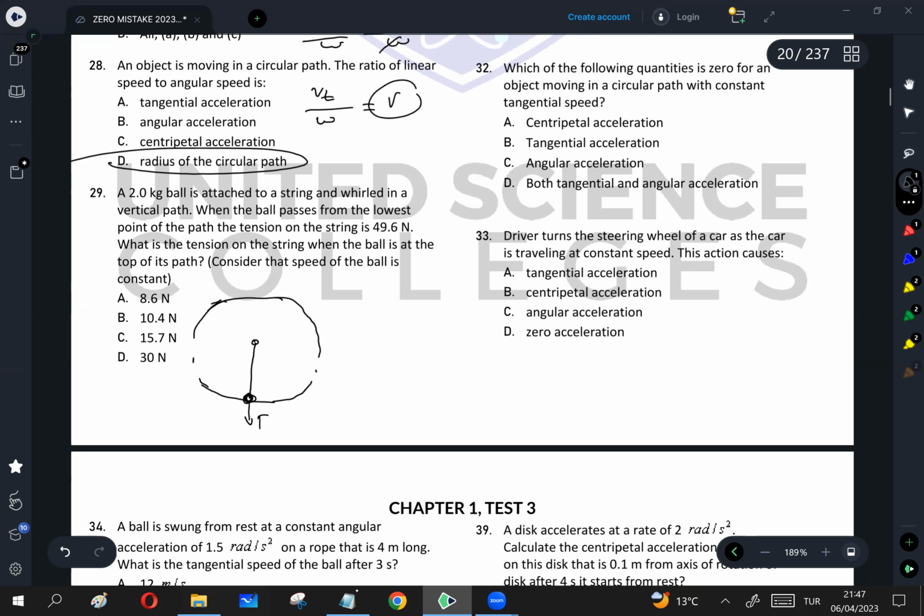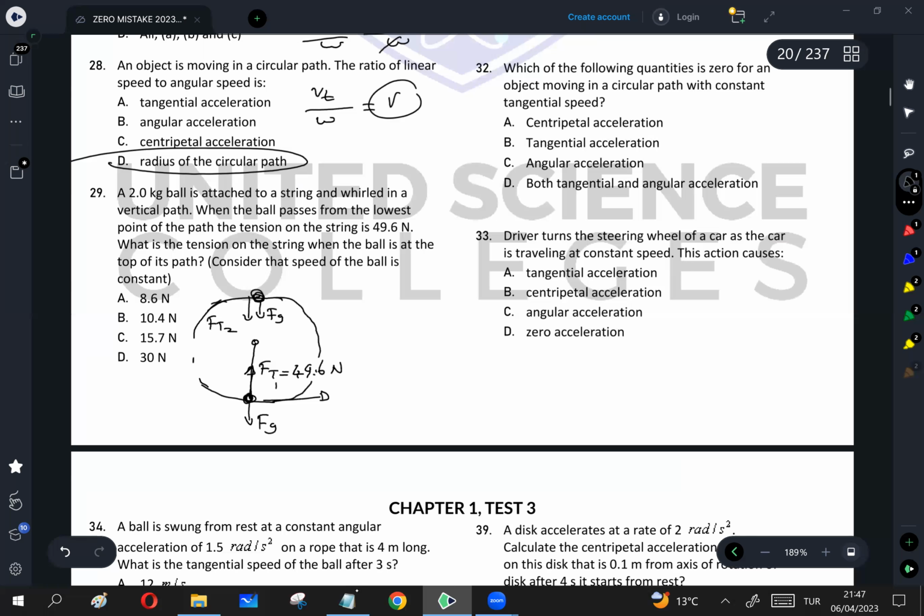We know Fg on the ball and also tension on the ball. When the string goes up here, what is the tension at this position? Let me say this is tension 1, because the tensions are different. Here we have F tension 2 and also Fg.